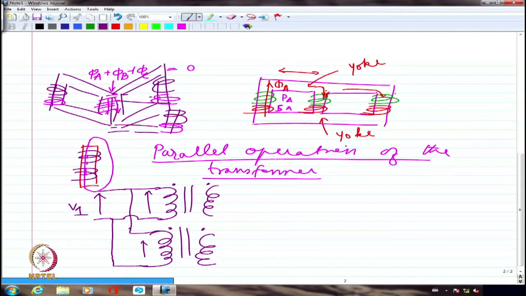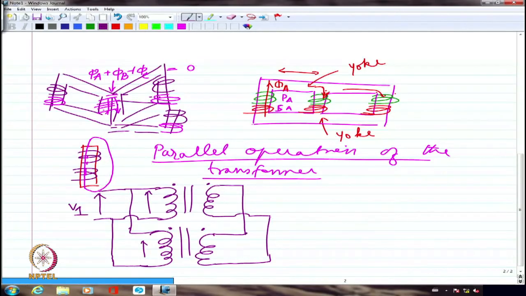So the primaries are connected in parallel. This is what we mean by connecting them in parallel. As far as the secondaries are concerned, again I have to connect this dot and this dot together, and this and this together.